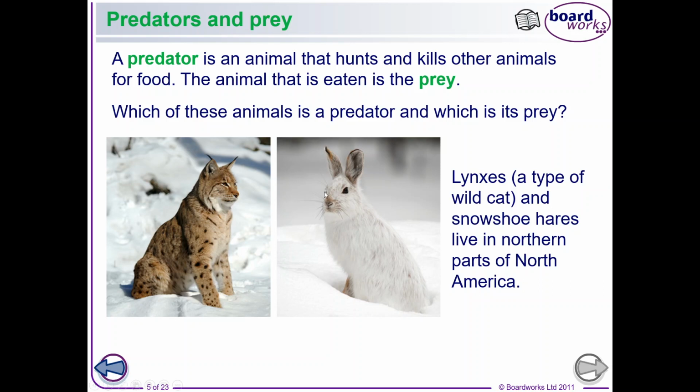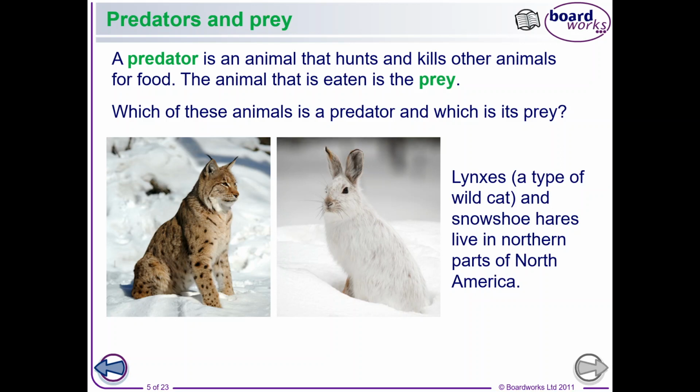On the other hand, the snowshoe hare has got eyes on the sides of its head. That's better for a prey, because if the eyes are on the sides of the head, they're able to see much further around them. Okay, if you are sat where you are with your binocular vision, you can see forwards, you can see slightly to the side, but you can't see that far around you. If you're a prey, though, you want to be able to see around you, because that means you're going to be able to see if a predator is coming or not.